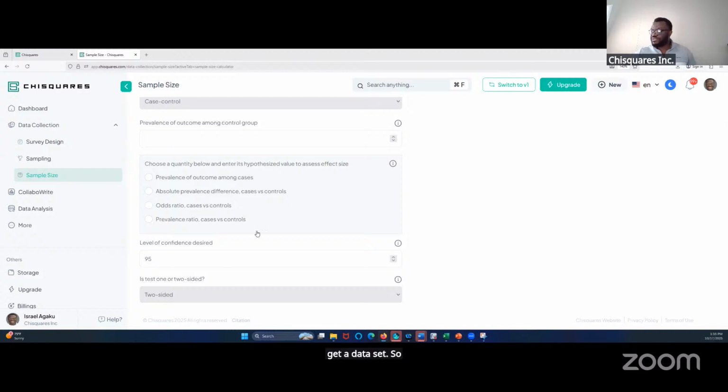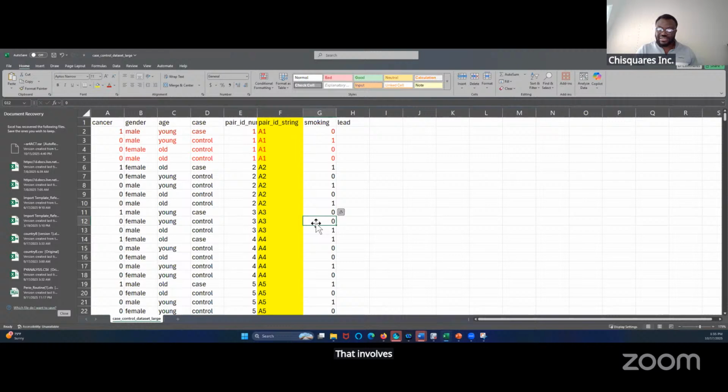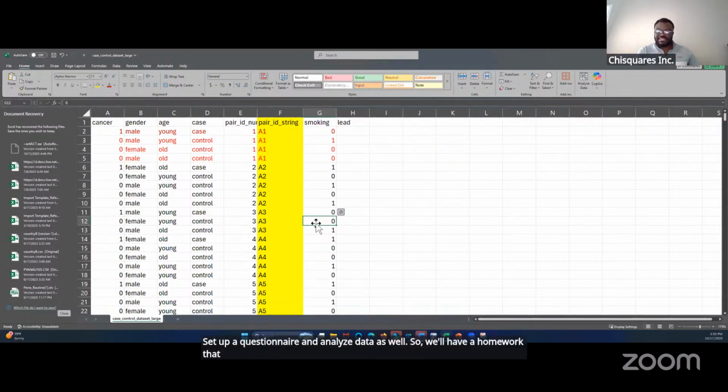So what I will do is get a data set like this, and the homework will be two parts. One part is for you to actually design a questionnaire that involves case control studies, because you should be able to do both things, set up a questionnaire and analyze data as well. So we'll have a homework that involves both parts so you can practice.